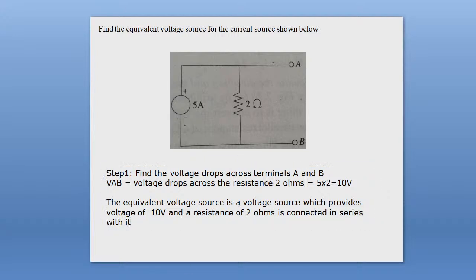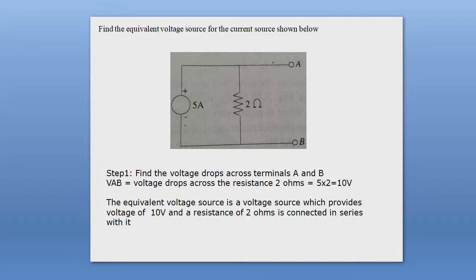So the equivalent voltage source is nothing but a voltage source which provides 10 volt all the time, and a resistance of 2 ohms is connected in series with it. This is a very simple technique that we can use to convert a given source to its other form, voltage source into current source or current source into voltage source.